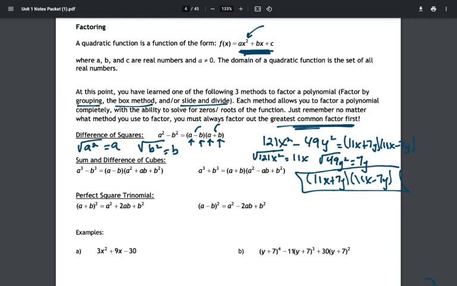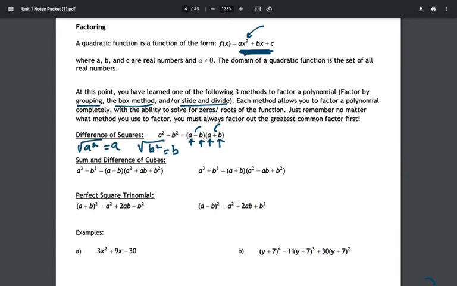All right, I'm going to erase all of that just to give myself room again. Another option that you might have is sum or difference of cubes. So again, you either have a minus or a plus, so difference or sum, and both of the terms on either side of it is a perfect cube. Well, it's always going to factor to be a binomial times a trinomial.